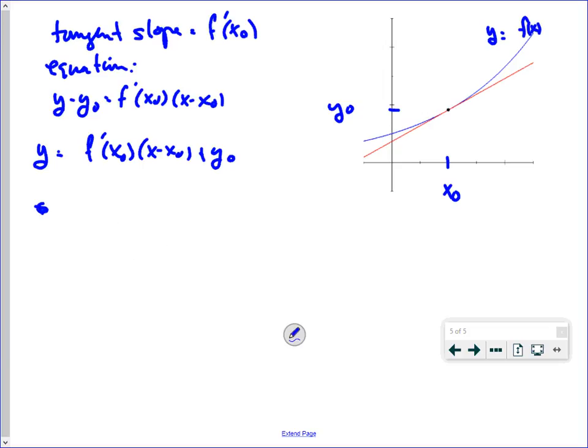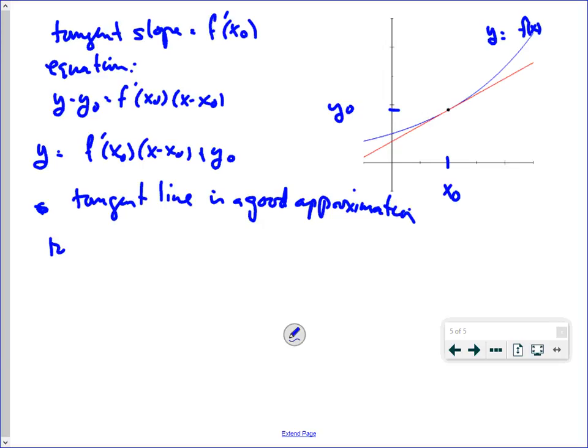The idea here is the tangent line is a good approximation to the function near this point, x0, y0.